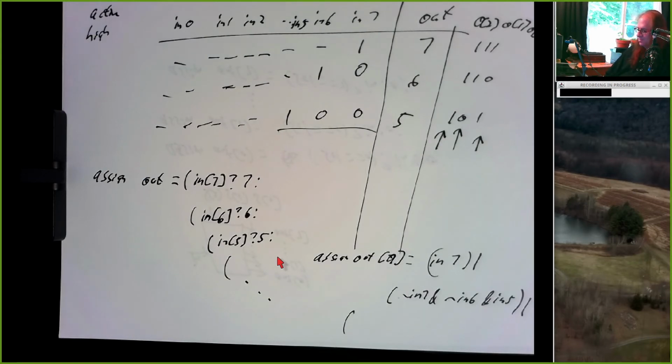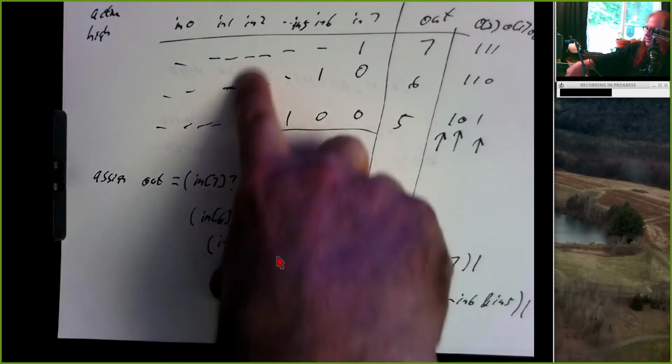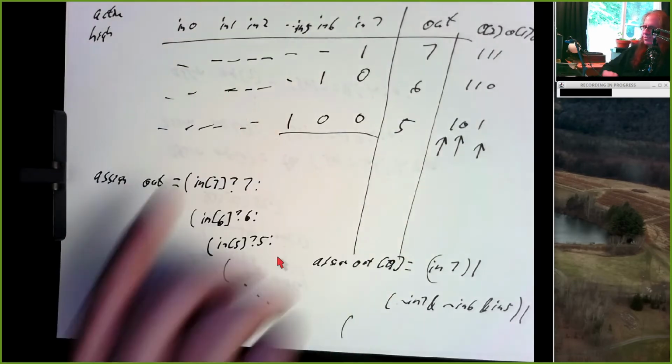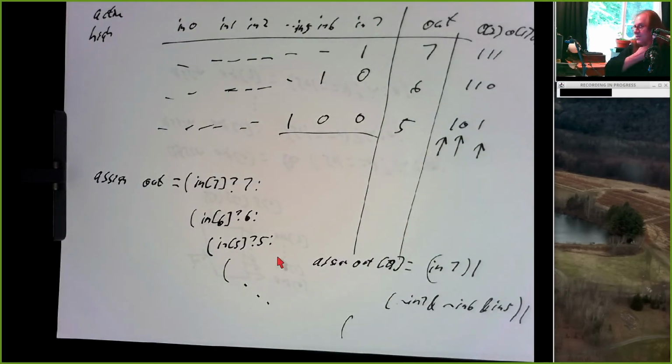A third way to do this is, if you use an always block, you can say always when any of these inputs change, or you can say always asterisk to say always, always. And we didn't go over those, but that's a third approach. A fourth approach is to make this a clocked circuit, and that's usually not something that's done. You don't usually see encoders with a clock.